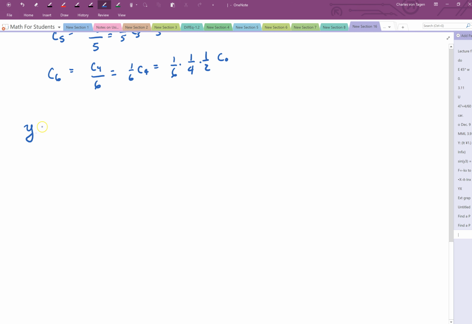Let's forget about the summation representation of y, and let's write out some of the terms.